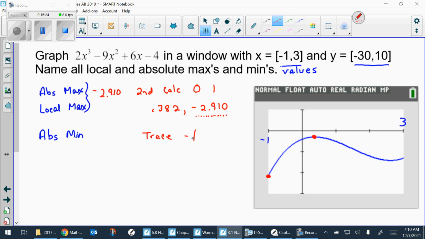When I press enter, it's going to tell me what the Y value is. And the Y value at that point, I believe, is -21. So my absolute minimum value is -21. If I'm asked at what X value does that occur, well, then my answer to the question would be -1.